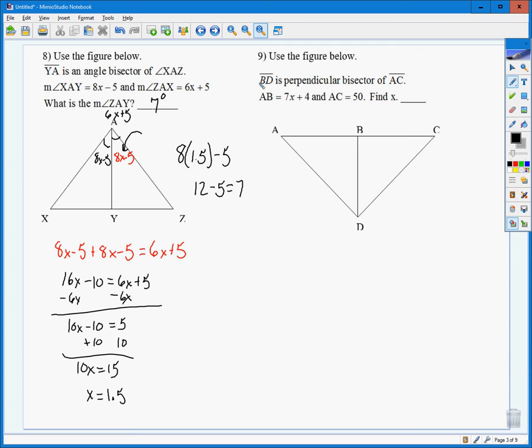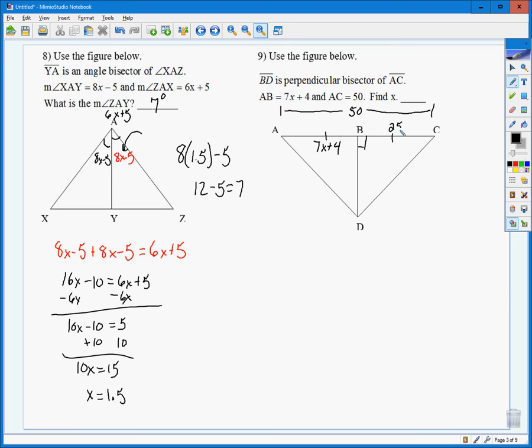It says use the figure below. BD is a perpendicular bisector, so I know this is 90 degrees, and that AB and BC are the same. It says AB is 7x plus 4. It said AC, the whole thing, is 50. There's a couple different ways that I can do this. Since it is a perpendicular bisector, it cuts this 50 in half.